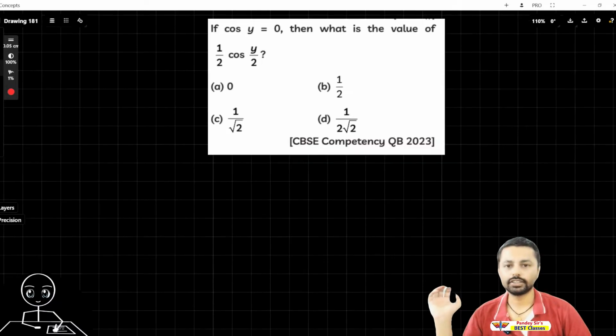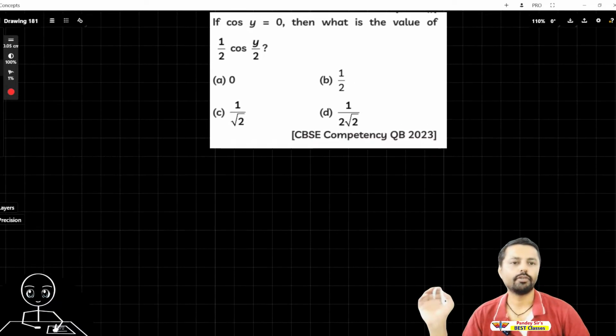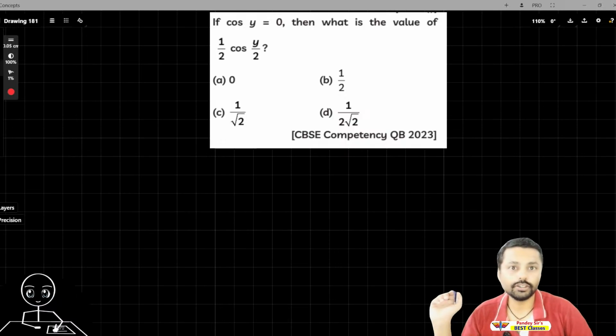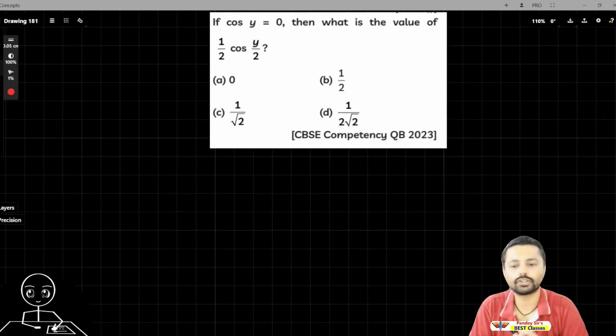So cos y is 0. Okay, then you have to find the value of 1 by 2 cos y by 2. Think how you will do. If this question exactly was in the exam, what would you have done?